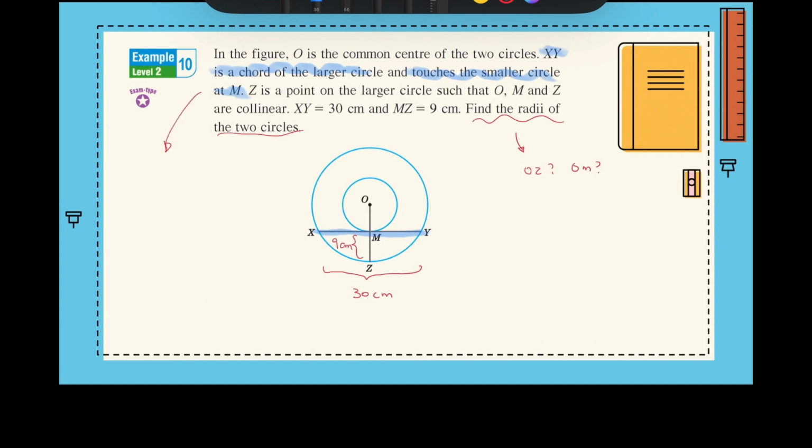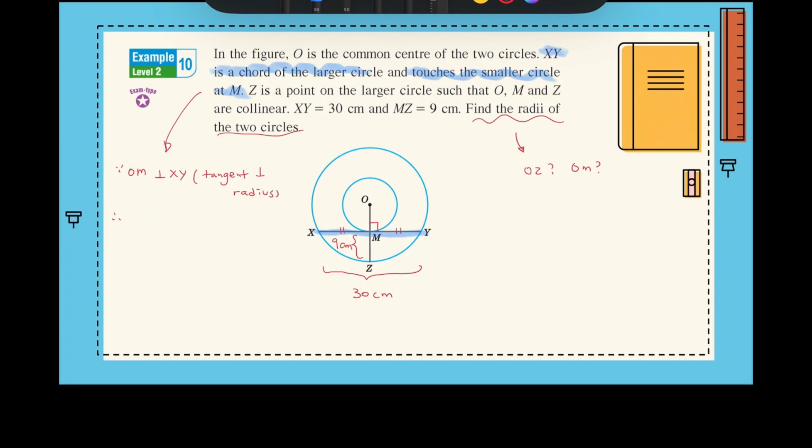So what do we know here? This is a tangent. Because it's a tangent, we know that it is perpendicular to your XY here.